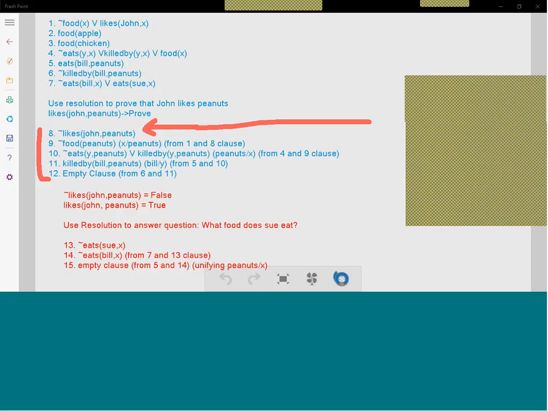So here I am writing, okay, so negate it. The statement x means peanuts that we have derived here is false. I think this is not visible, but assume this is the false.